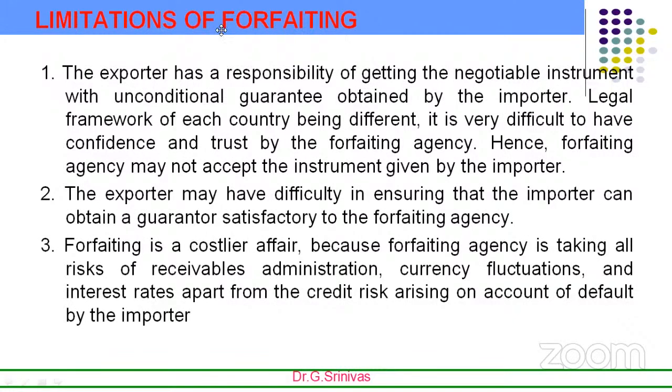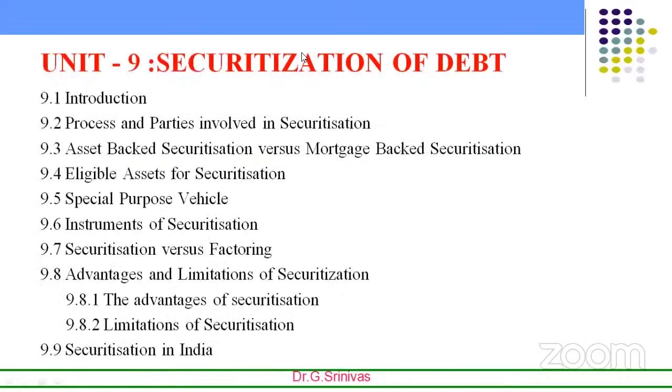With this we have completed the concept of forfeiting. In this block we have three concepts: factoring, forfeiting, and next is securitization. We have to discuss securitization also. So, securitization of debt.